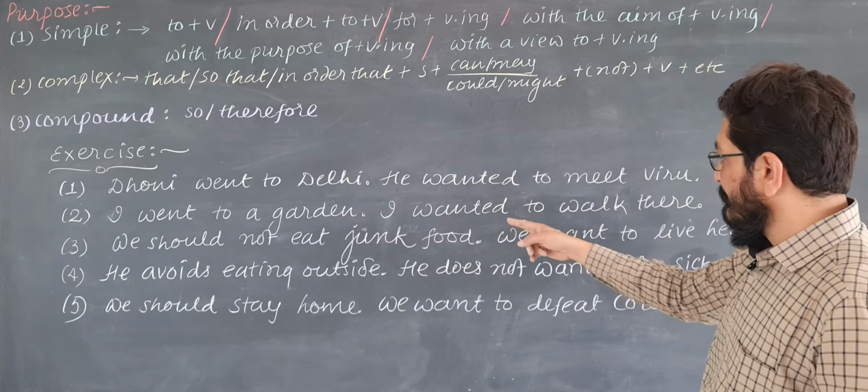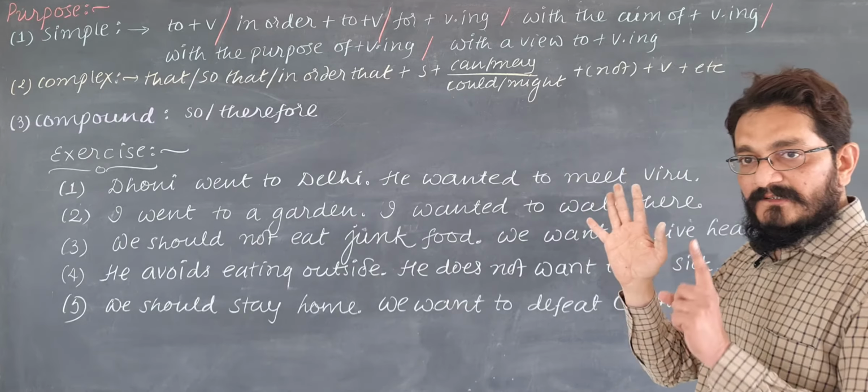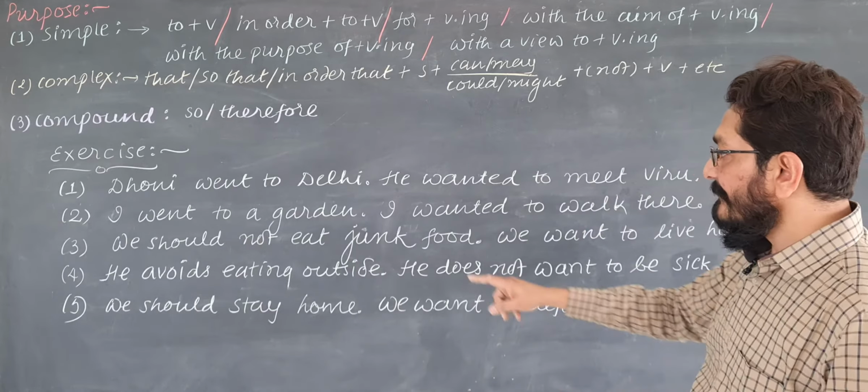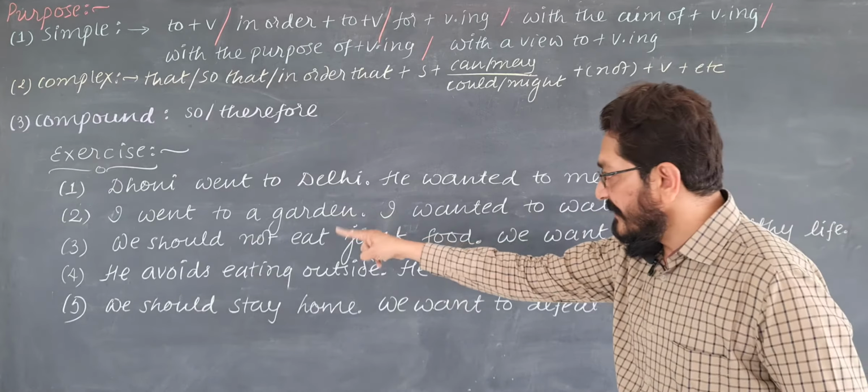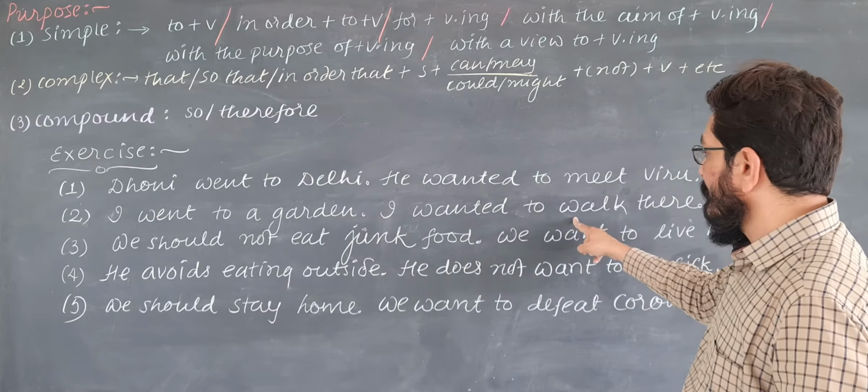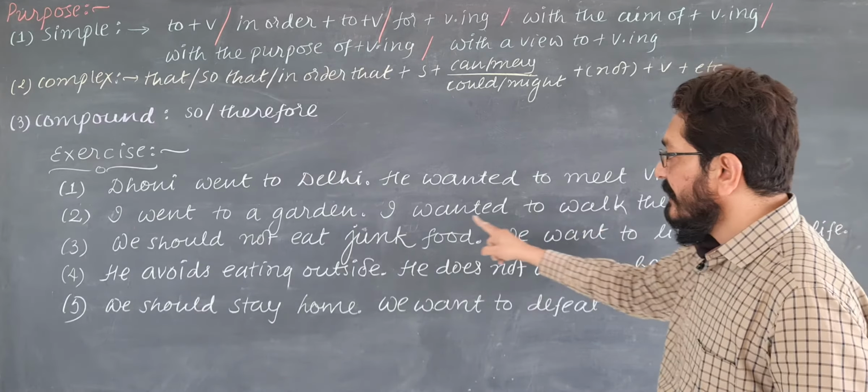Second sentence: I went to a garden, I wanted to walk there. 6 types of simple sentences. I went to the garden to walk there. In order to walk there. For walking there. With the aim of walking there. With the purpose of walking there.